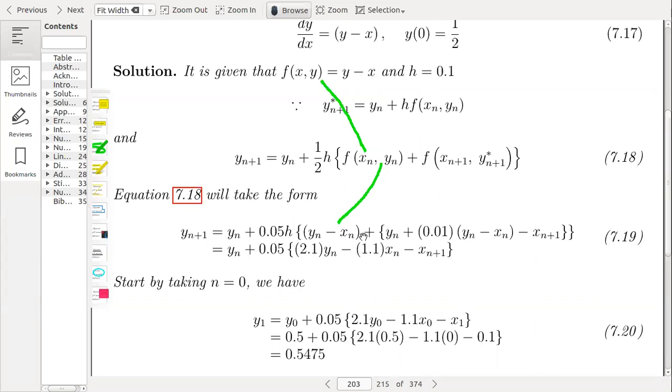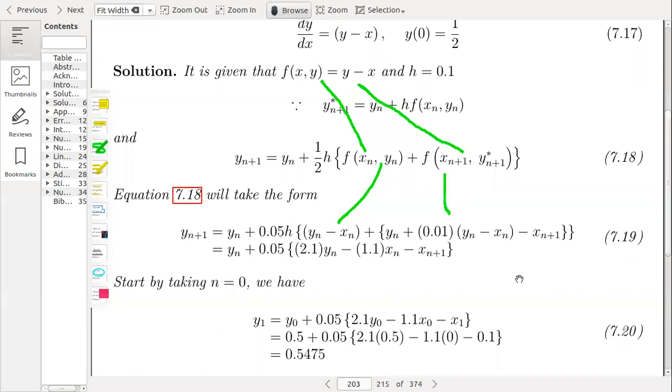So similarly, f of xn plus 1 and yn plus 1 star. So for f of xn plus 1, we can again go back to here. Okay, so we can write this yn plus 1 star minus xn plus 1, and we will get these values.